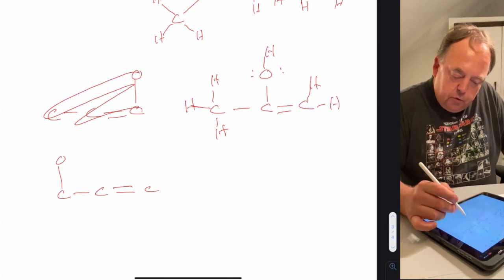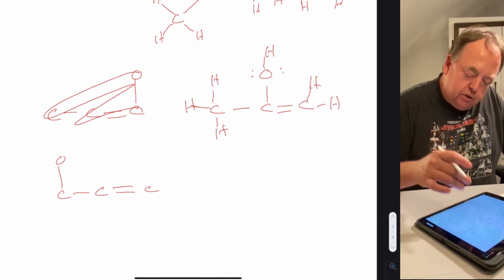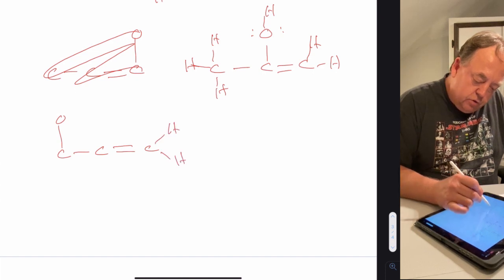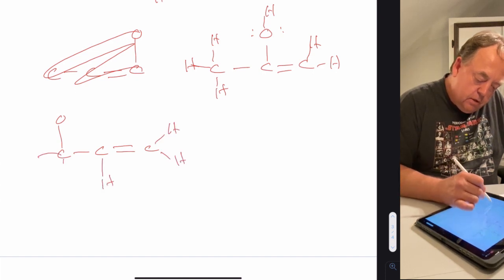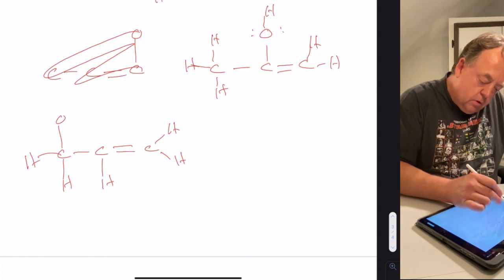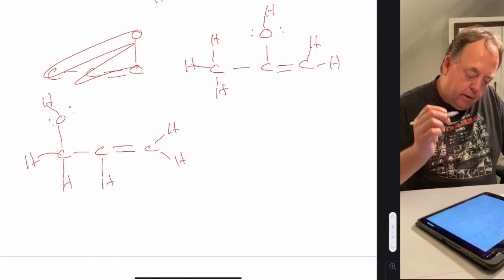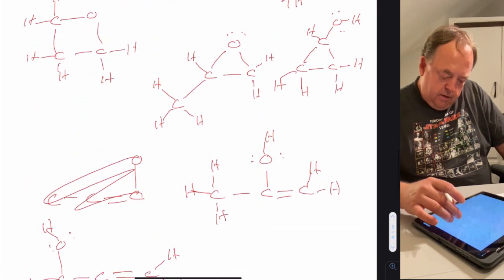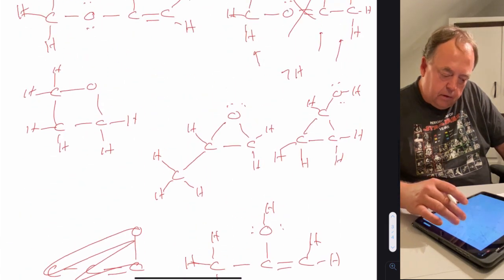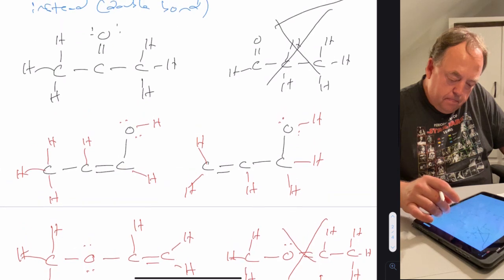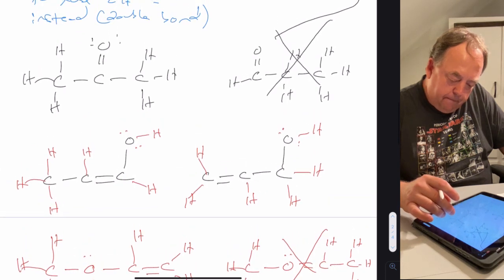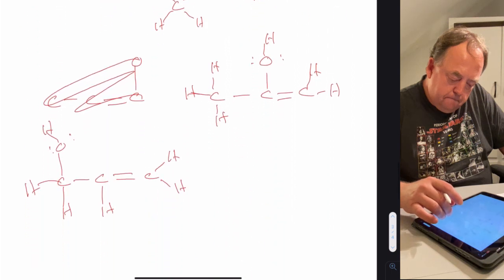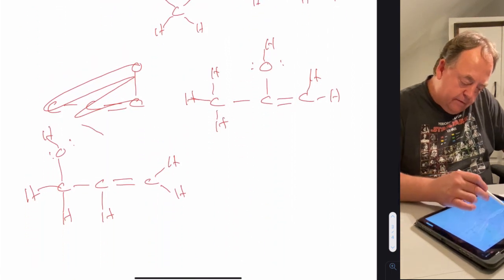Okay, so that's C3H6O. Each carbon's got 4 bonds. Oxygen's got 2 bonds, 2 lone pairs. And this one, that carbon needs 2 hydrogens. This one needs 1. This one needs 2. Oxygen needs 1 and 2 lone pairs. Okay, I think that is all of the molecules. Except for this one we already have.